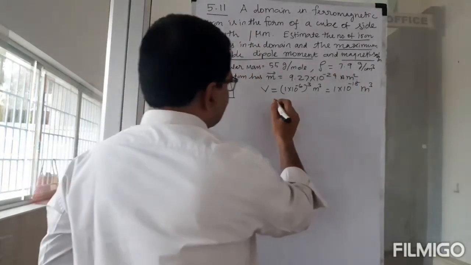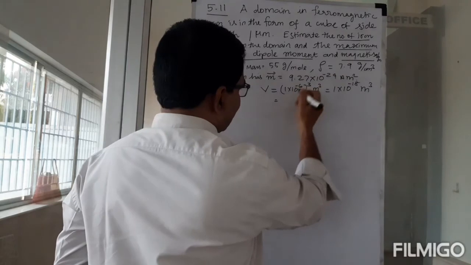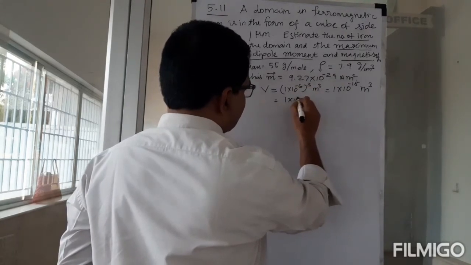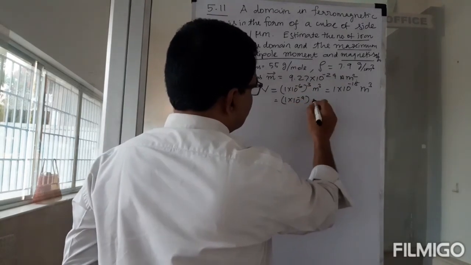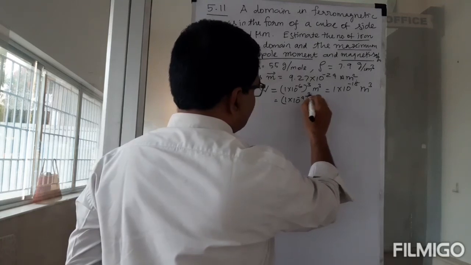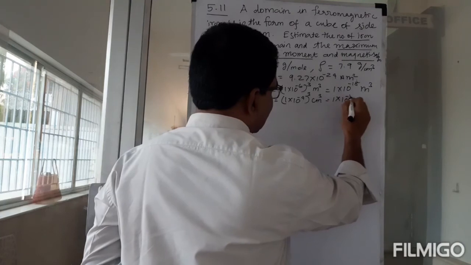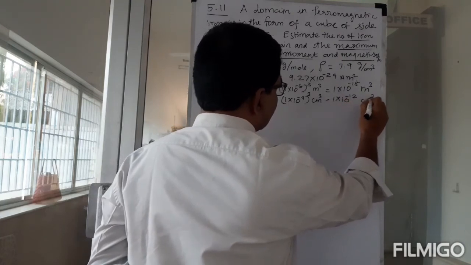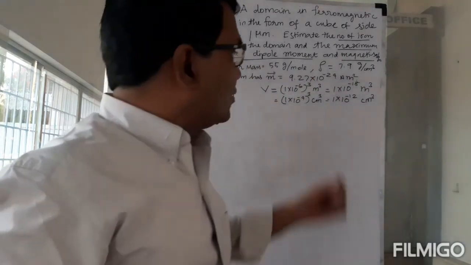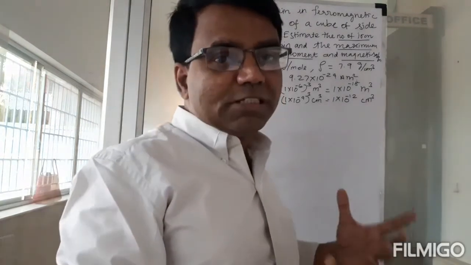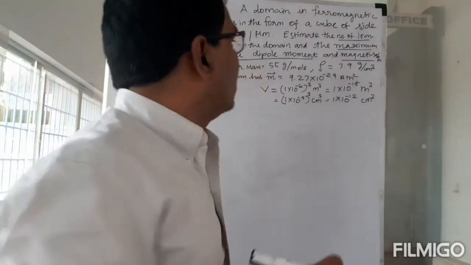So 1 micrometer is actually 1 into 10 power minus 4 centimeter. So this cube gives me 1 into 10 power minus 12 centimeter cube. That is the volume of the domain.